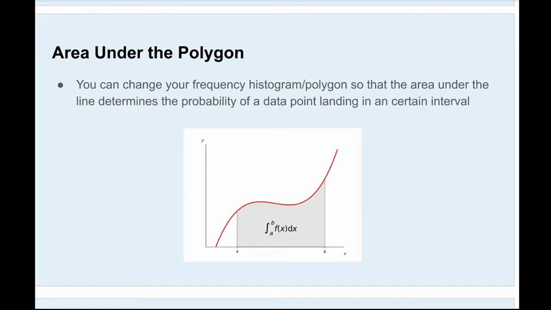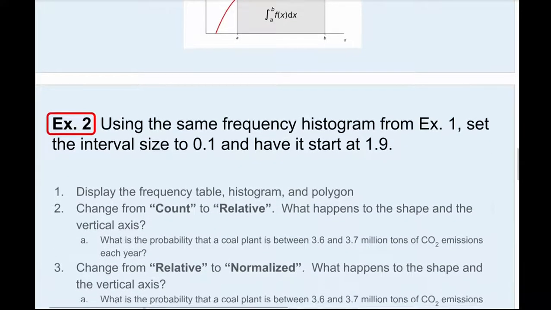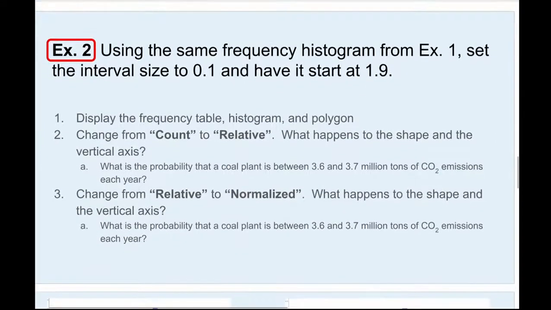And again, basically it's using a bit of calculus in there and some higher math functions, but we're not going to get into that too much because we're going to let the computer take care of that for us when we get to it. So what we're going to do is use the same frequency histogram from example 1. We're going to set it to an interval size of 0.1.